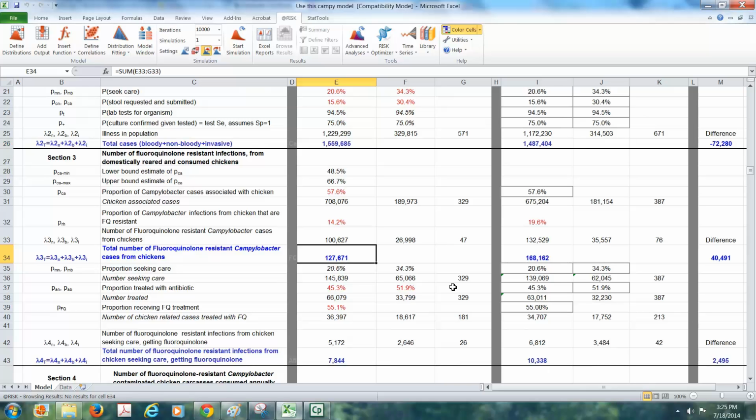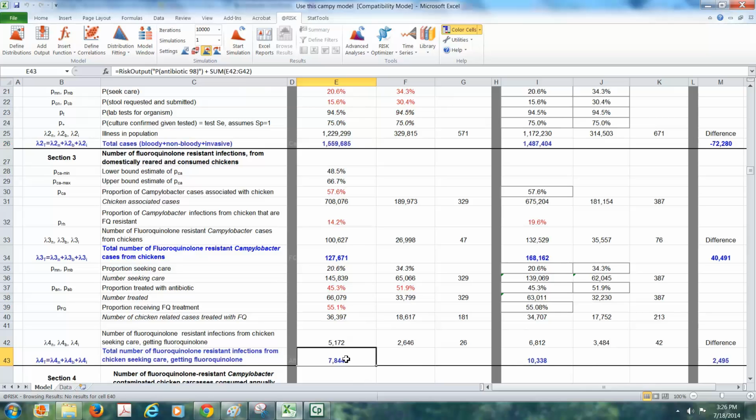Now, that's a problem, but it's not a problem that we're concerned with until these people go to the doctor. So the remainder of this section is telling us how many people go to the doctor, how many get treated with antibiotics, how many get treated with fluoroquinolones, and the total number of fluoroquinolone-resistant infections from chicken for people who are seeking care, getting fluoroquinolones and finding out they're not terribly effective.